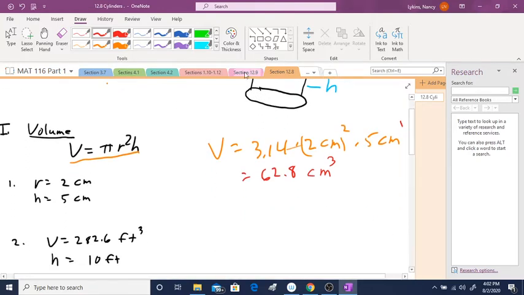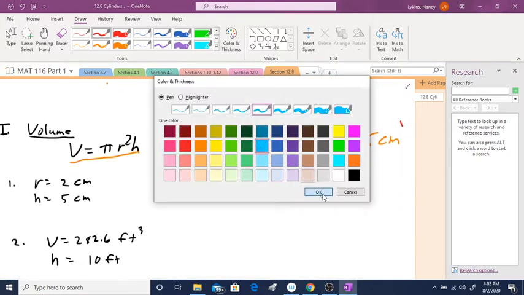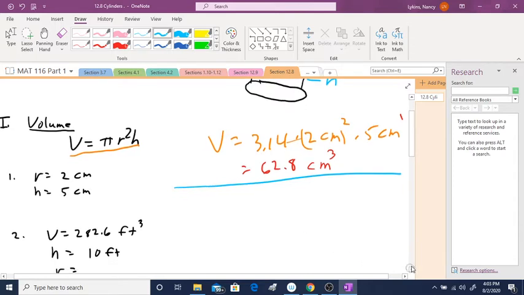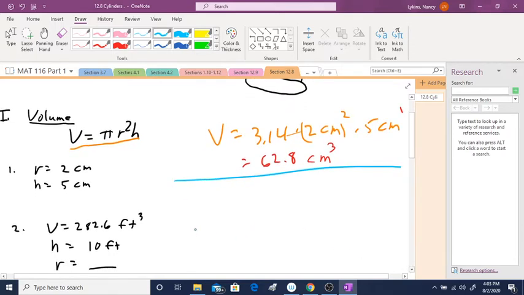Now my next example, I give you the volume and the height, and I'm going to ask you to find the radius. Well, the volume is 282.6, which equals 3.14 times the radius squared times, in this case, the height, which is 10.